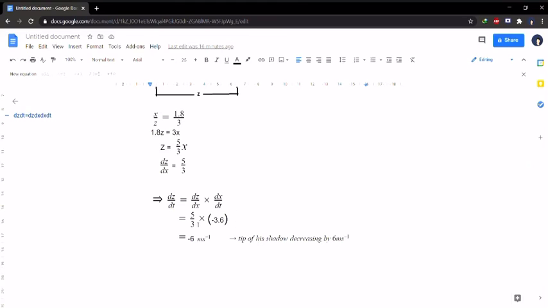Okay, so we need to multiply it, which is 5 over 3 times negative 3.6. Okay, so I got negative 6 meters per second. So the tip of his shadow is decreasing by 6 meters per second.